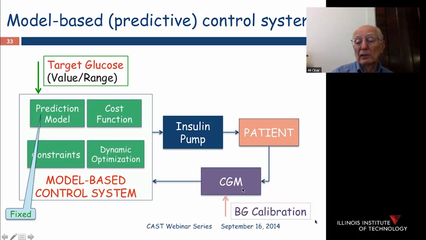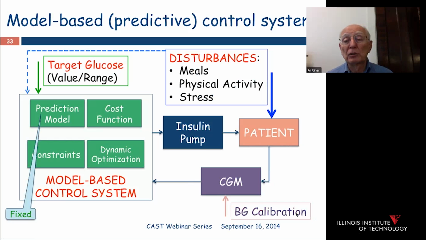And then some finger sticks are made to provide calibration values for the glucose monitor or the sensor. And then there are a number of disturbances like meals, physical activity, or stress. And these definitely affect the behavior of the patient. And some of them, especially the meals, have been introduced as feed-forward action to the model-based system as well.